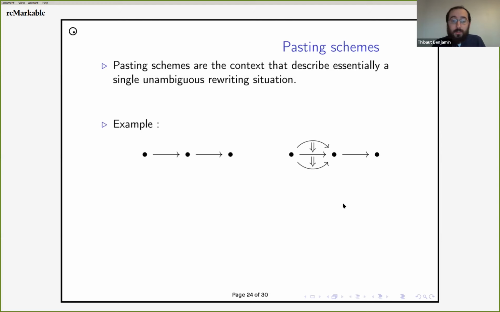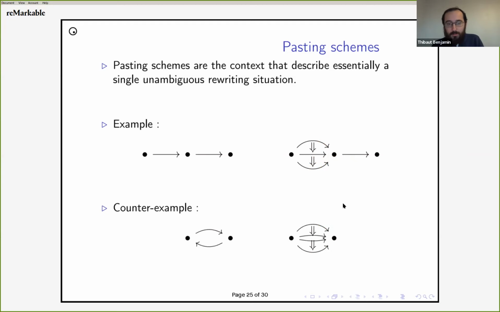So for instance, if I have this one where I have two rewriting steps that can compose, you can just compose them. If I have this situation here where I have complicated stuff, but there's essentially a single thing that you can do, you don't have any choice. You can just follow these two inside the composition in there. And that's the only thing that makes sense.